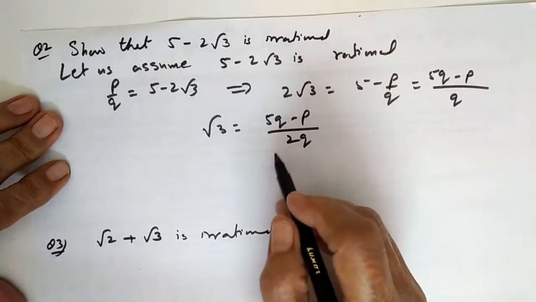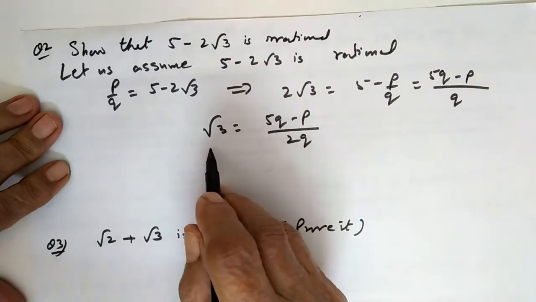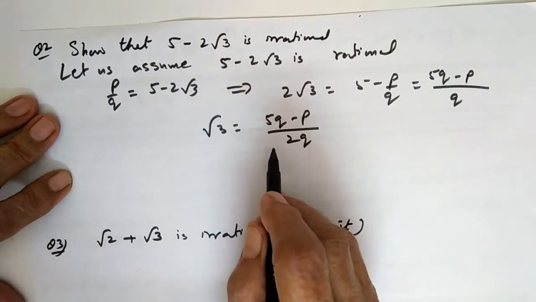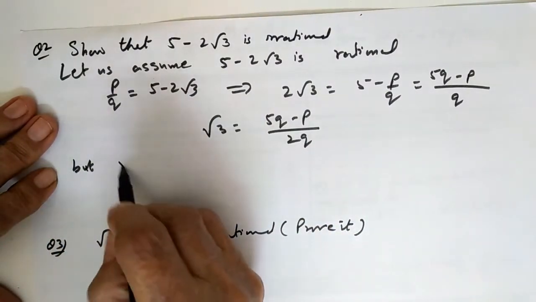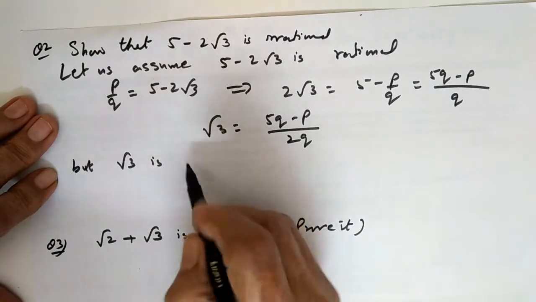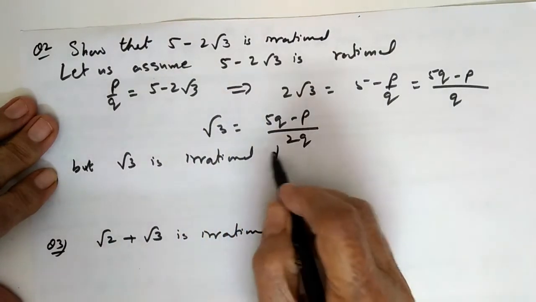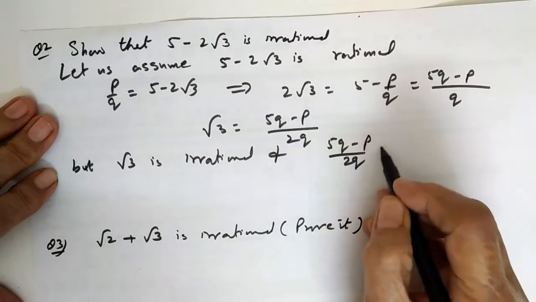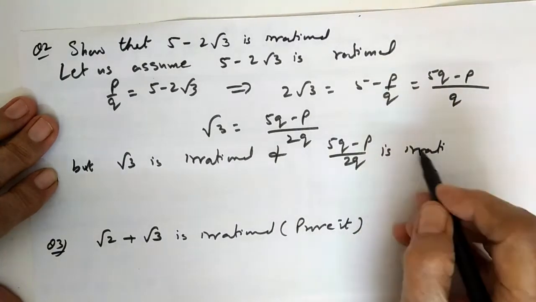Now you can see the right hand number is a rational number and root 3 is an irrational number. And irrational number cannot be equal to a rational number. But root 3 is irrational and 5Q minus P upon 2Q is rational.